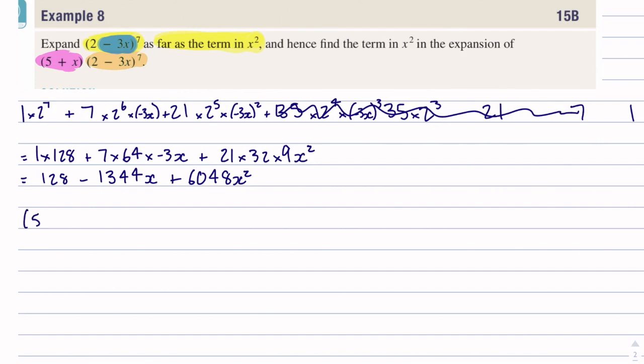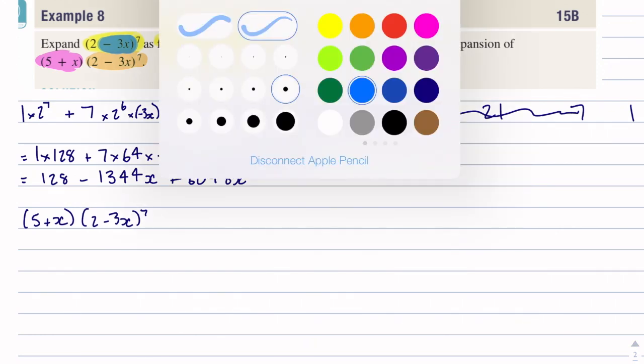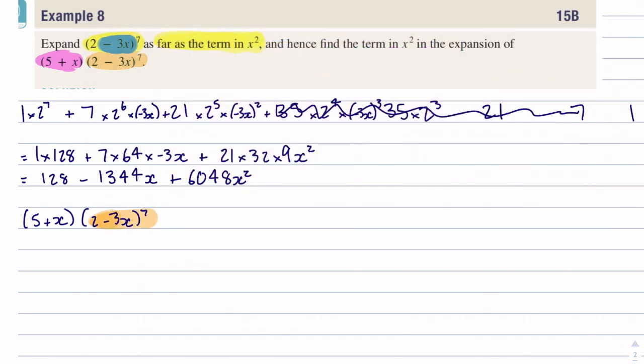So now I've got 5 plus x times 2 take 3x to the 7. All I'm going to bother writing of this 2 take 3x to the 7 is this line. There's a reason they got me to stop there. It could have kept going.